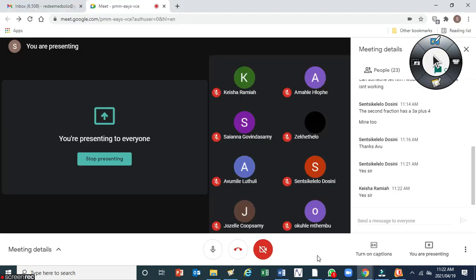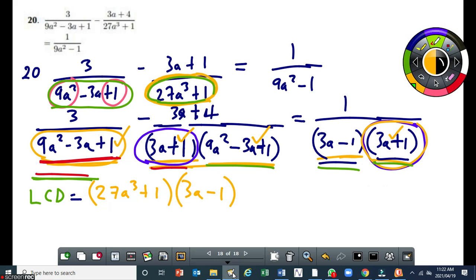All right. So if you understand that, then it means that the 27a cubed plus 1 is going to be part of our LCD. The only denominator which is left is this 3a minus 1.